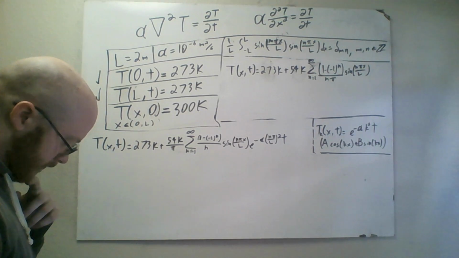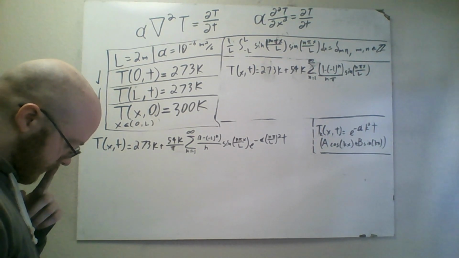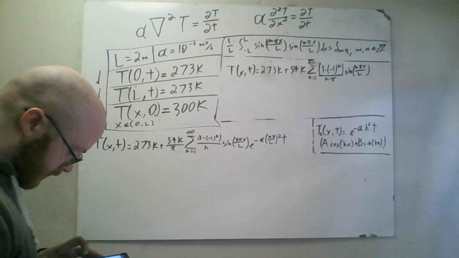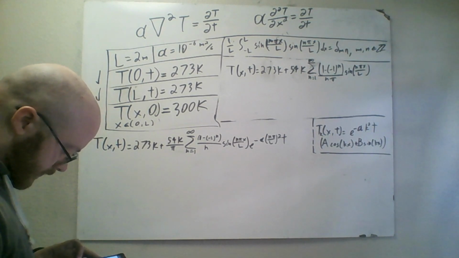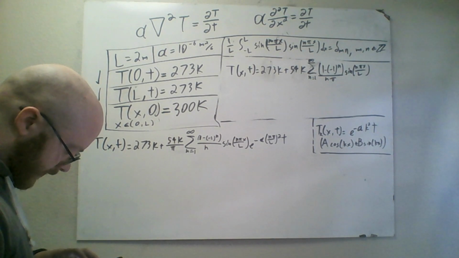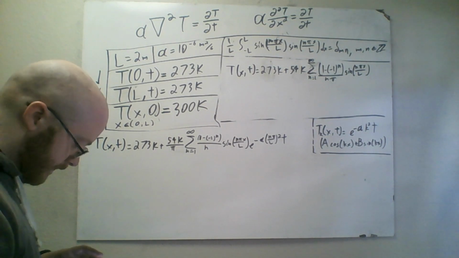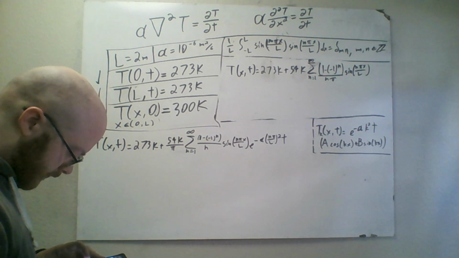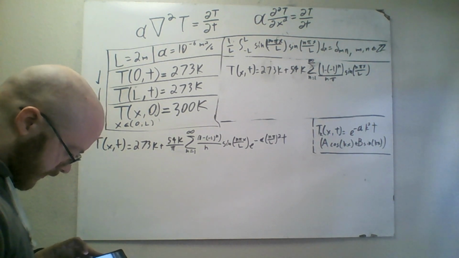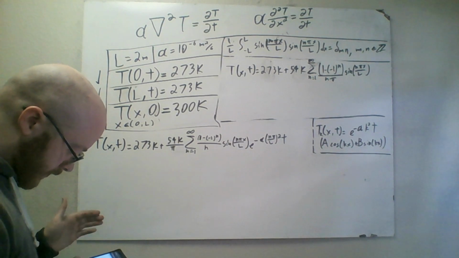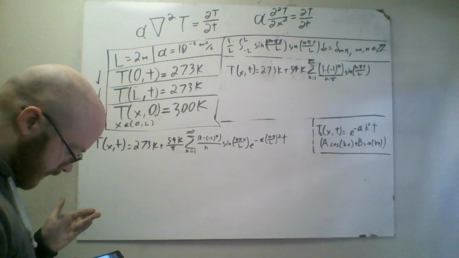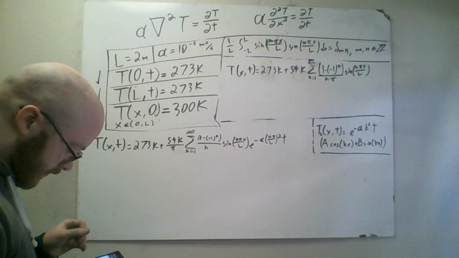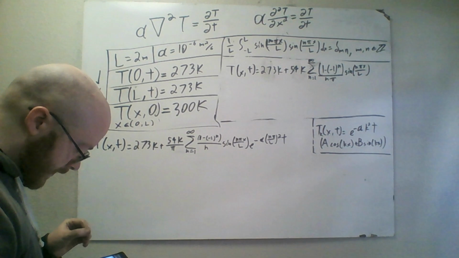Alternate sign. Yeah, I'm thinking of the square wave. I just need to make sure the coefficients are correct. Yeah, so 4 over pi. Okay, and these are odd numbers. Yeah, this is it.